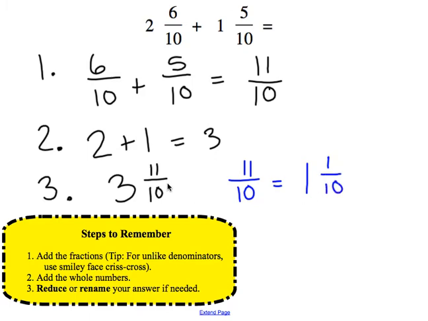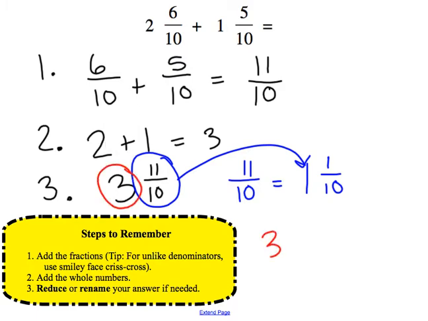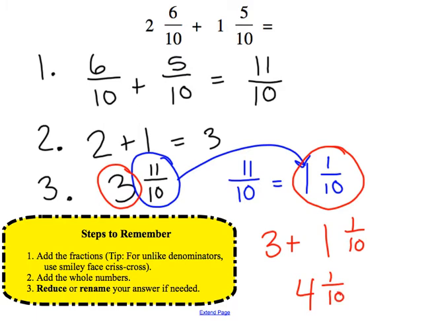So we have changed our 11/10 to 1 1/10. So our final step is we're going to add that original whole number, 3, plus our new mixed number here, to get a final answer of 3 plus 1 is 4 and 1/10. We do not need to reduce, so that is our final answer.